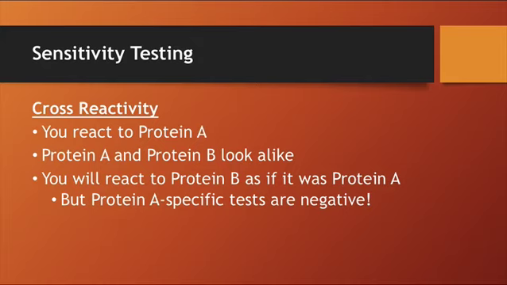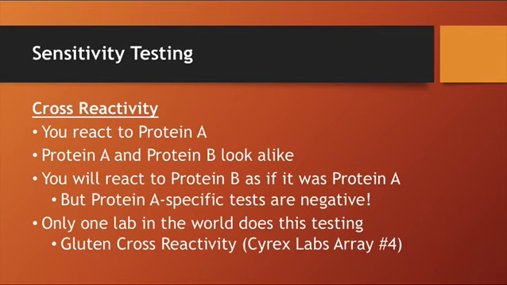Now, there is only one lab in the world that does this kind of testing, and it's centered around cross-reactivity associated with gluten. Again, this is very well published in the medical literature: some people with gluten reactions have reactions to things that the immune system thinks are gluten but are not. Let me give you a very quick short list, which is written in the supplementary material. Make sure you download and read the PDF that accompanies the email that brought you to this video lesson.